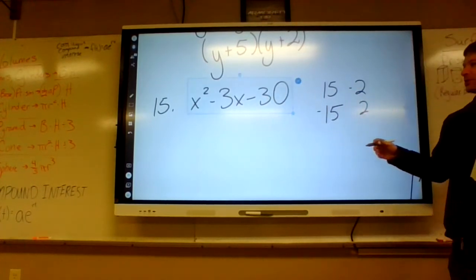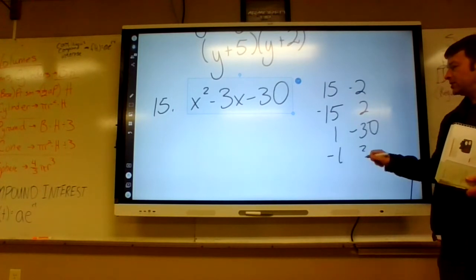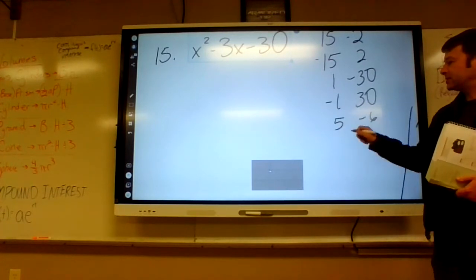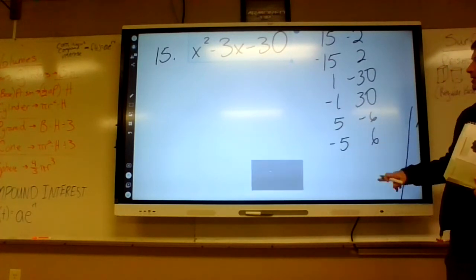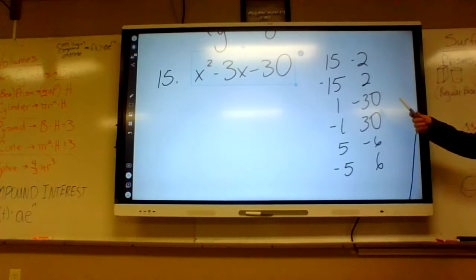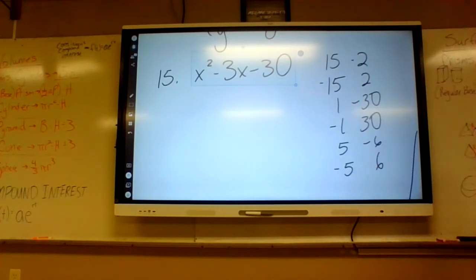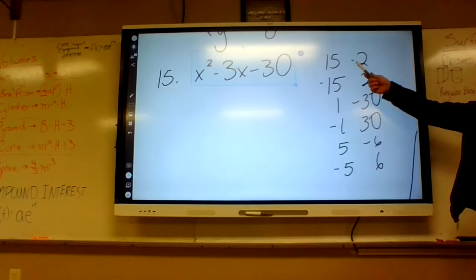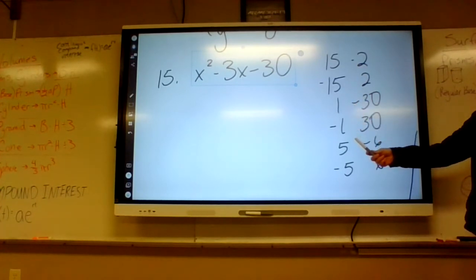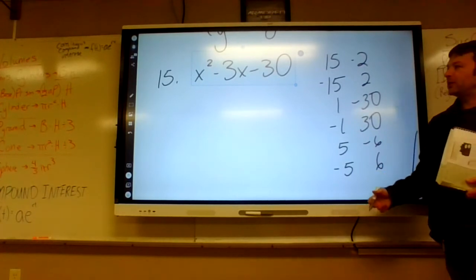What else? 1 and negative 30, negative 1 and 30, 5 and negative 6, negative 5 and 6. Anything else? No. Which of these adds up to negative 3? I don't think any of them do. They add up to 13, negative 13, 29, negative 29, 1, negative 1. So it's prime.